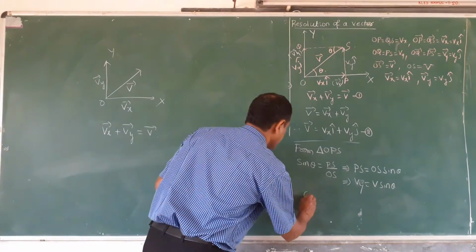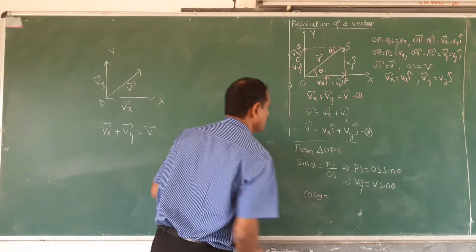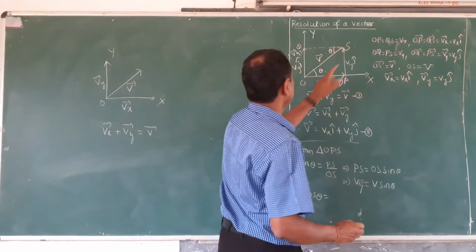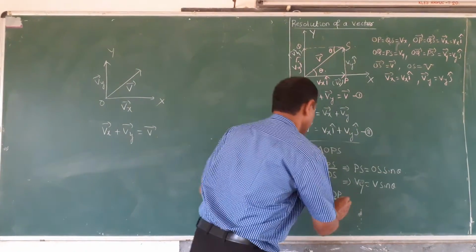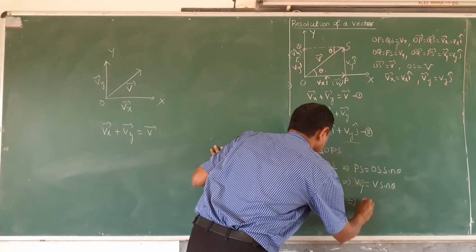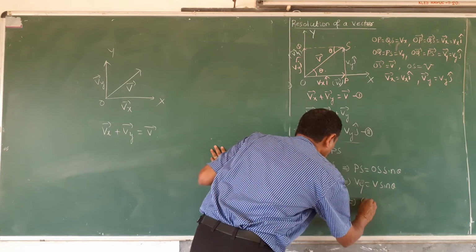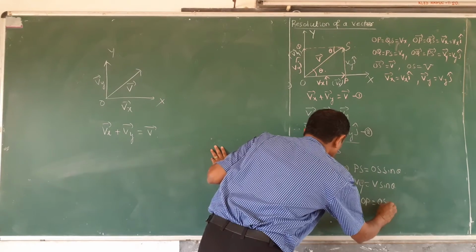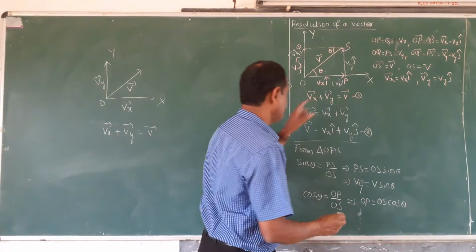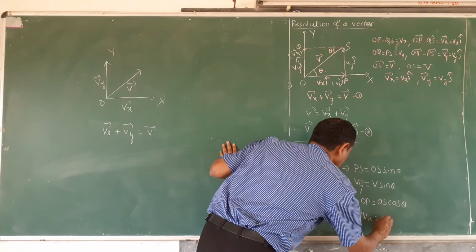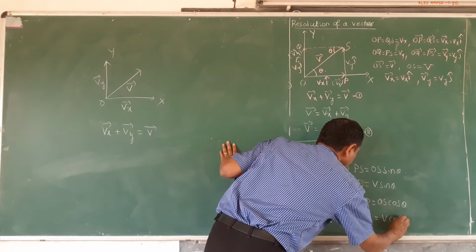Then cos theta is equal to the adjacent side OP divided by the hypotenuse OS. It gives that OP is equal to OS cos theta, that is Px is equal to V cos theta.